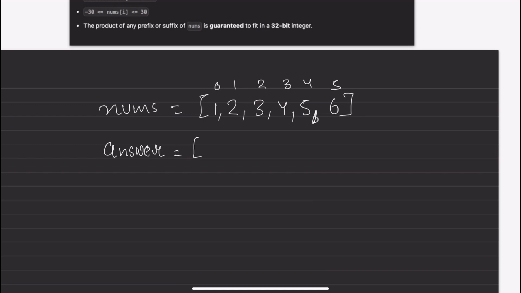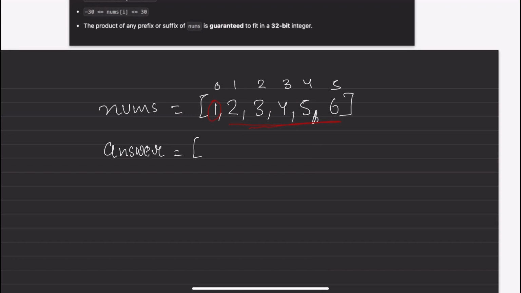So if I am on the 0th index, I have to ignore the element on the 0th index and multiply all the other elements. Okay, so how to solve this?